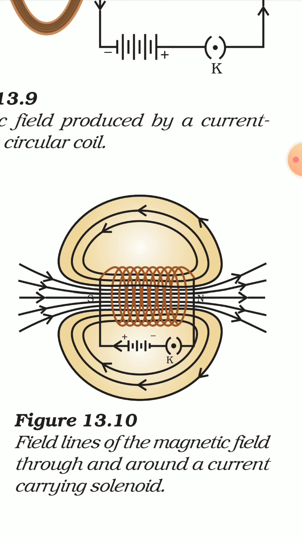We have studied the pattern, the formula, and how to find the direction of the magnetic field which is formed. Similarly, in this case also, first of all we have to find the pattern. Number two, how the magnetic field is proportional to the current, or is it proportional to anything else. And last, how to find the direction of the magnetic field.